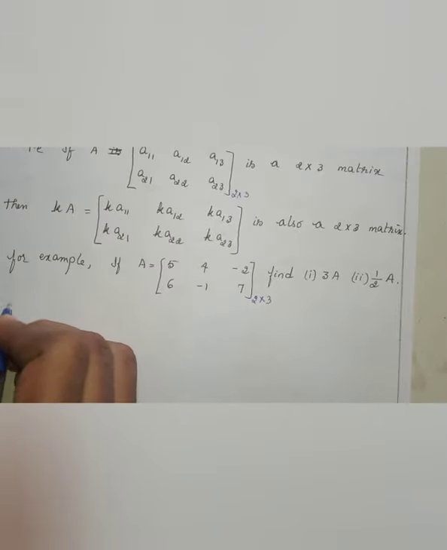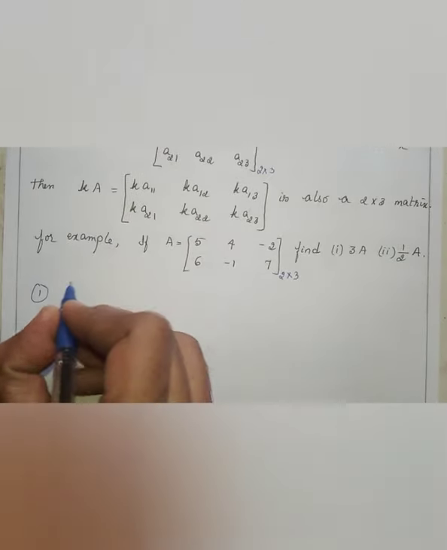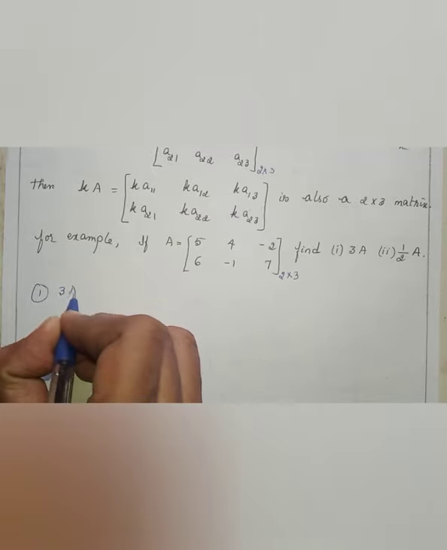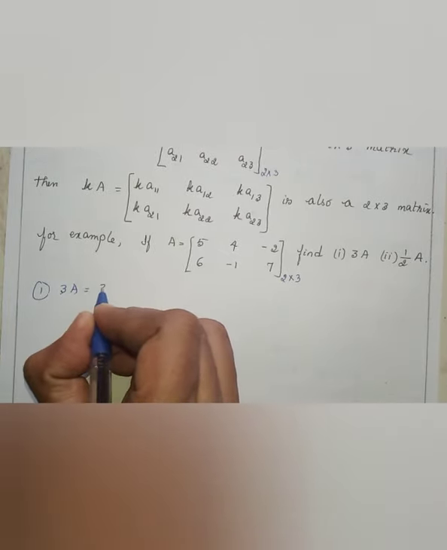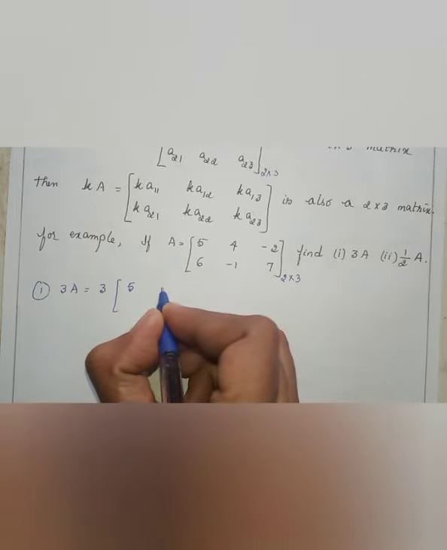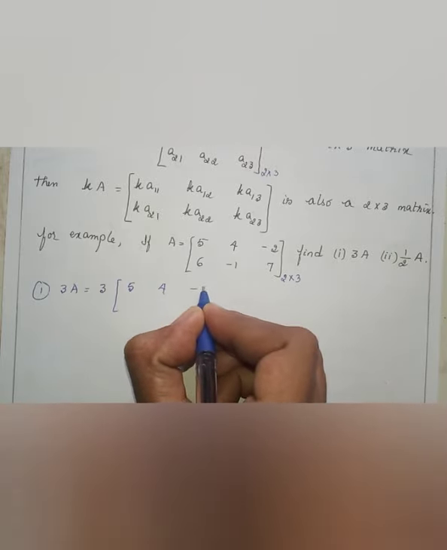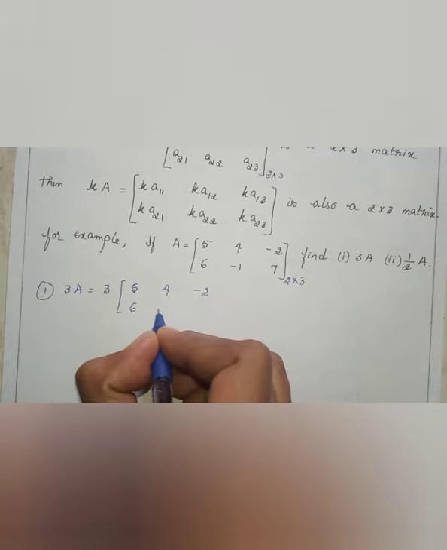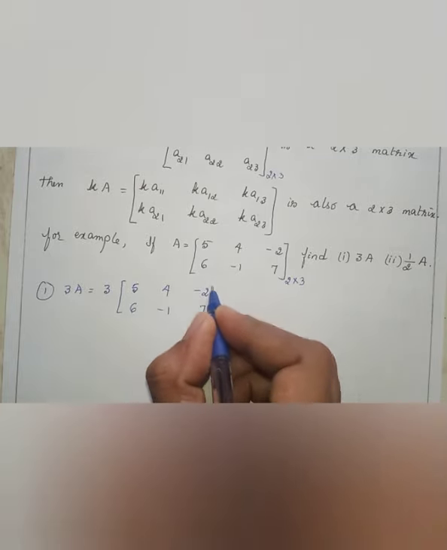First one, 3 into A. That is 3 into the matrix A, 5, 4, minus 2, 6, minus 1, 7.